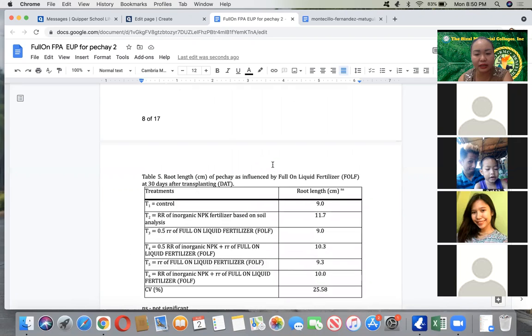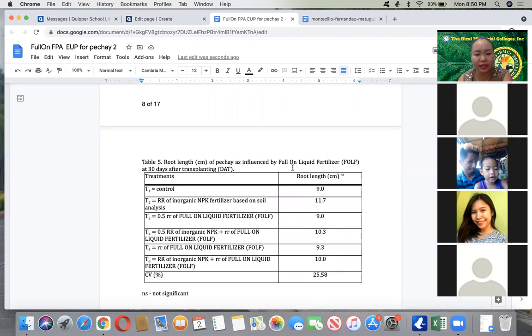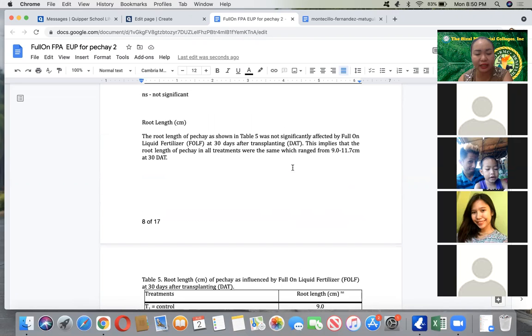And root length this time is also NS, so you will just again say, and even you can also add in your discussion kasi this is the presentation form and the discussion form is this one. Ayan. So you can also back up that with previous literature kung meron ng NS.